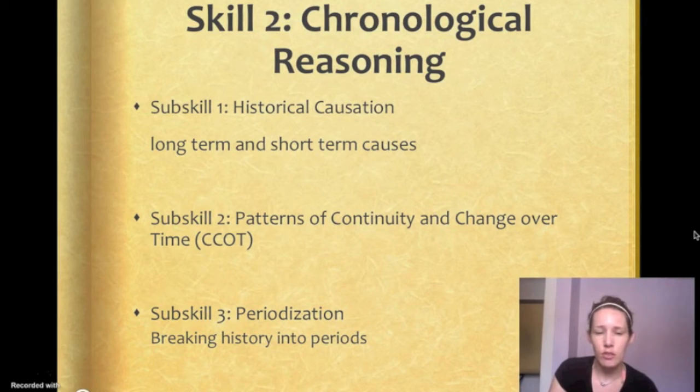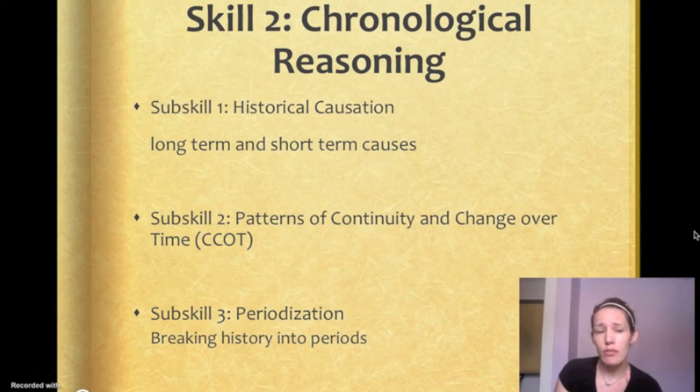Periodization, the third sub-skill. Ultimately, again, this is kind of what it sounds like, but in order to acquire this skill, you need to be able to break up different events in history and place them in appropriate time periods. And actually, the College Board does this for us in a lot of ways.